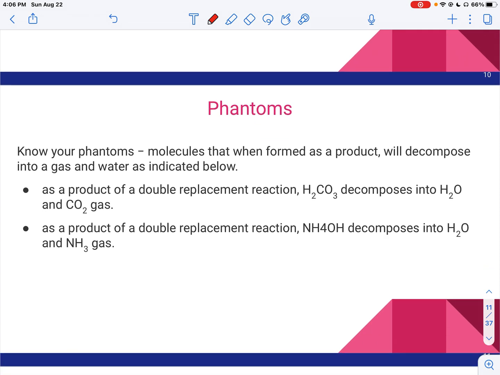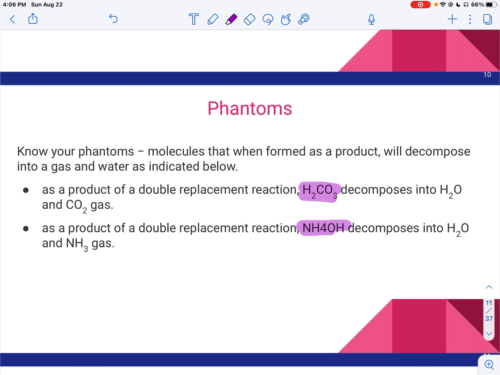So before we get to actual practice on some of these, there's going to be something we call phantoms. And these you need to know. So phantoms, and there's a bunch of them, but the most common ones are going to be carbonic acid, so the ones I want you to memorize, H2CO3, and ammonium hydroxide, NH4OH.